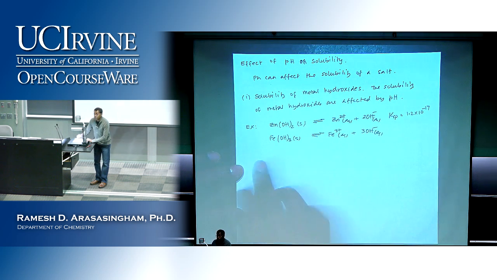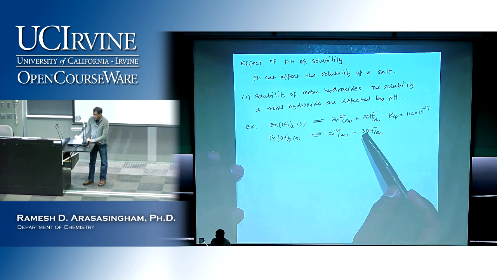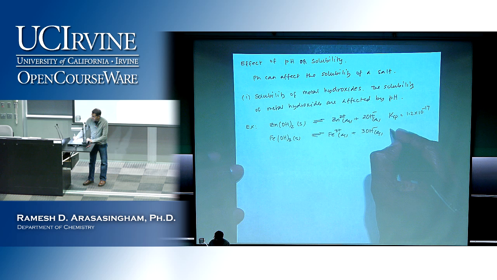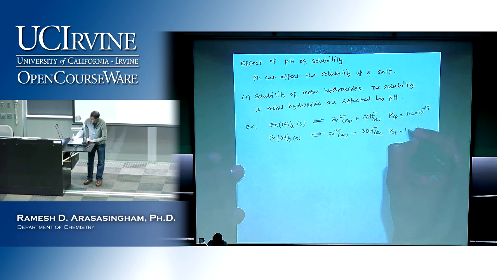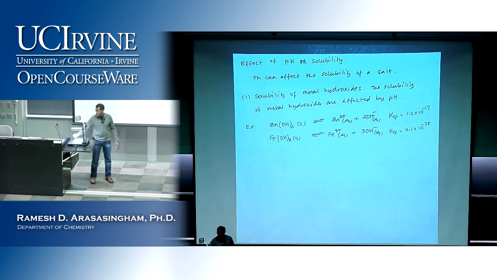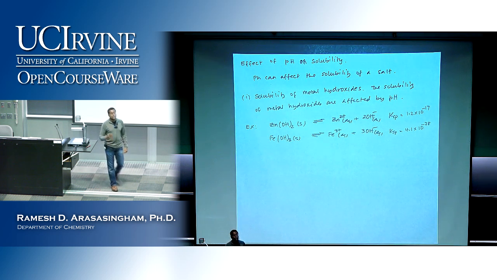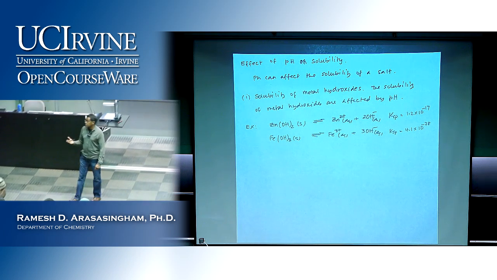Remember, your equations have to be balanced, so the 3 hydroxides balance the charge on the iron ion. And the Ksp for this is 4.1 times 10 to the negative 38. So you can see both of these Ksp values are really, really small, and that means these are insoluble salts.